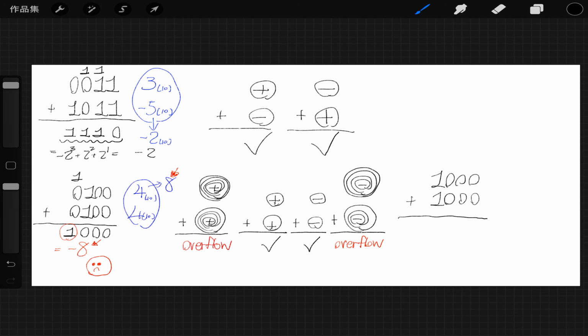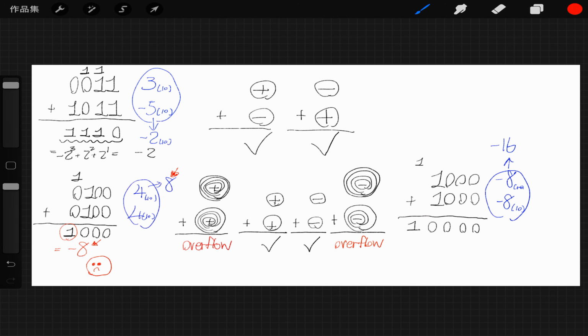We have two binary numbers here, 1000 and 1000. In decimal form, they both represent -8. And when we add these two up, we expect to get -16. However, this is not what we got in the end. Let's add these two binary numbers. 0 plus 0, and 1 plus 1, 1 to go here, and 1 down.